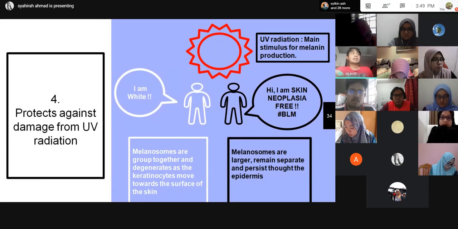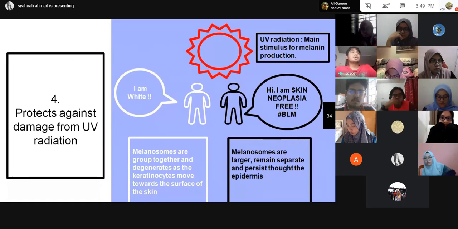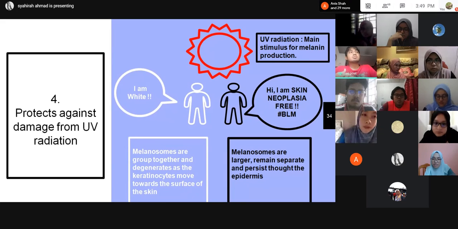Skin has melanocytes that can give protection against UV radiation. As we know, the main stimulus to melanin is UV radiation. So in white people, the melanosomes are bound together, which we call membrane bound. This melanosome complex gradually degenerates as the keratinocyte moves toward the surface of the skin.